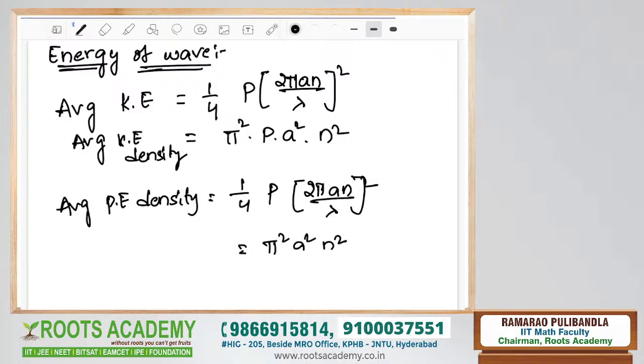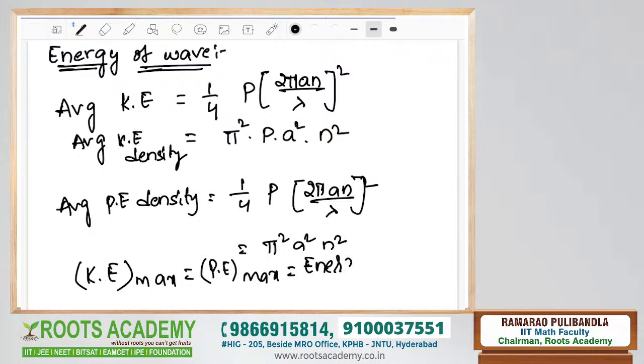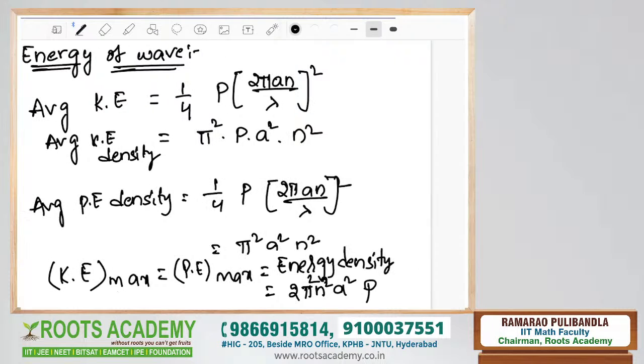So the kinetic energy of the wave per unit volume is given by its maximum value, equal to the potential energy maximum, and that is nothing but the energy density, that is 2 pi square n square a square and rho. So this is the energy density of a wave.